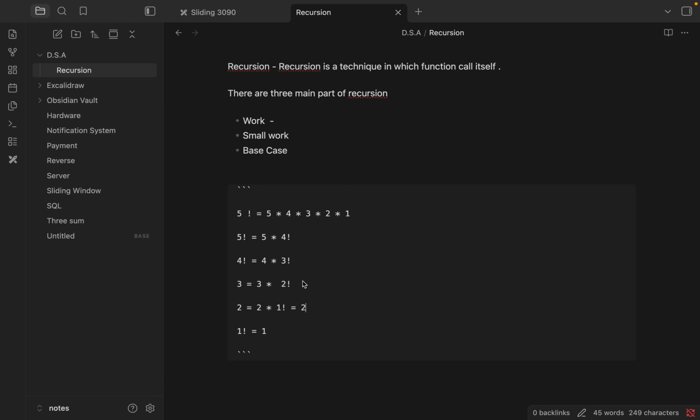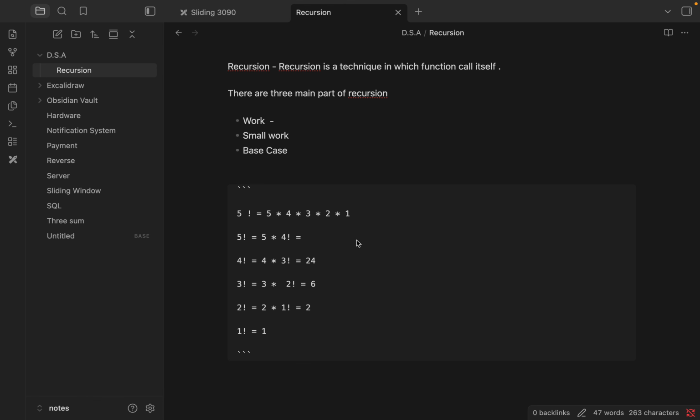We put the value of 2 factorial here and multiply it with 3, and we get 6. Same thing here: the value of 3 factorial is 6, and 4 multiplied by 6 equals 24.